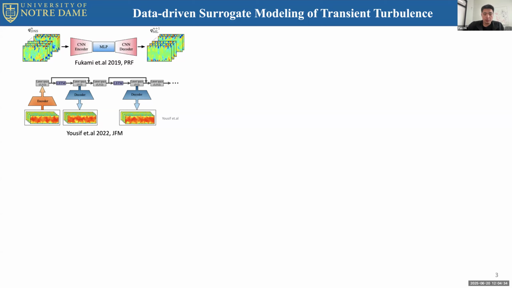For example, Fukami in 2019 used a convolutional neural network as an encoder and decoder, and directly used a multi-layer perceptron network, which is a very simple architecture, to learn the temporal dynamics of turbulence on a regular grid.